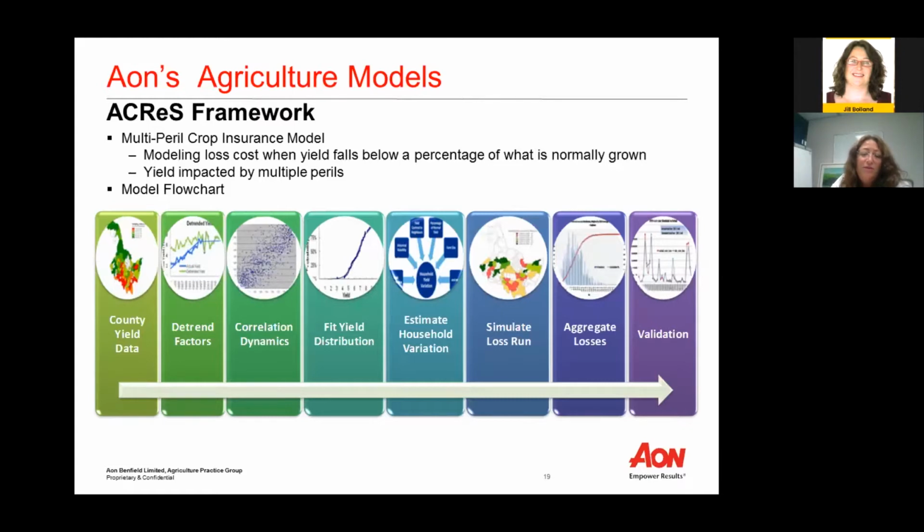Another way to validate, if you don't have that, is to separate out some of your initial data at the beginning and not use it, then come back at the end and use it to give you an idea of your validation, validating against non-model data. But there are lots of ways of validating models.